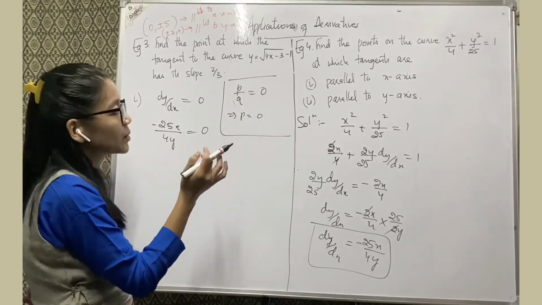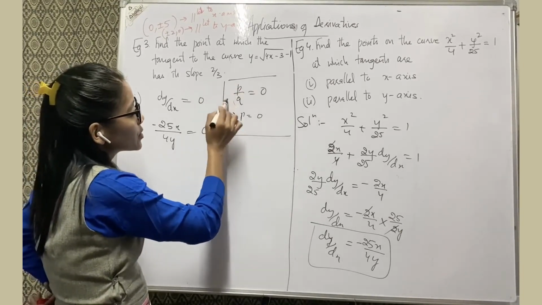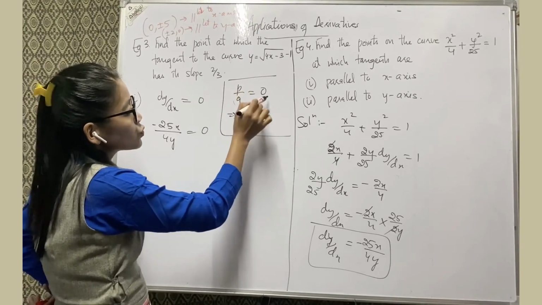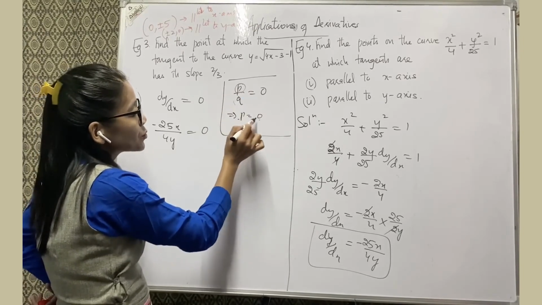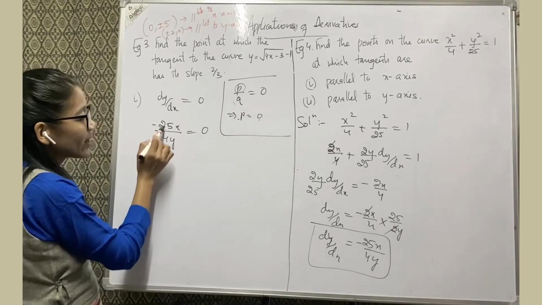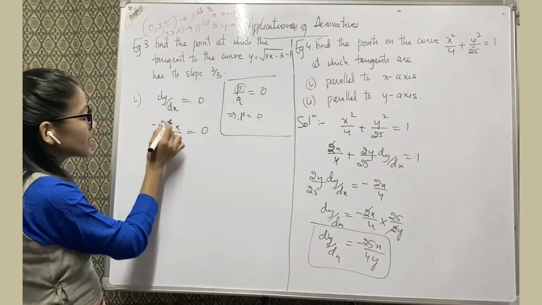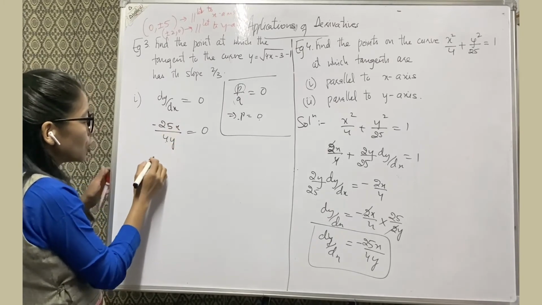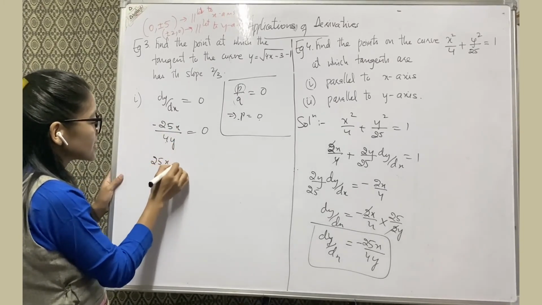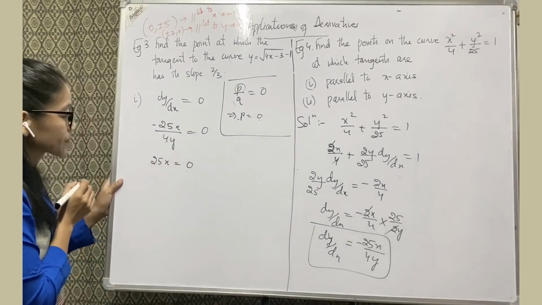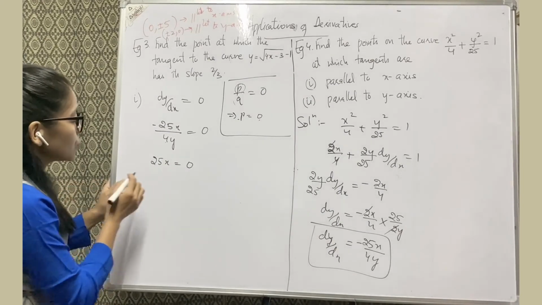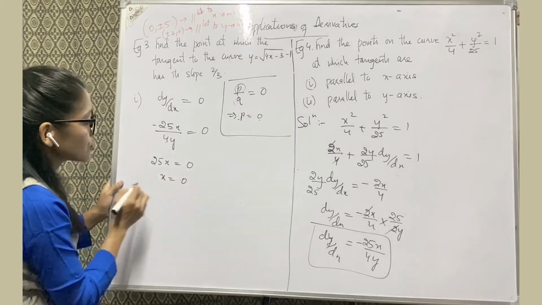It's not a rational number. So for this equation to hold true, the denominator cannot be 0. So whenever you have any fraction where you are equating it with 0, always remember that the numerator has to be 0. So we have 25x = 0, right? So we have here x = 0.